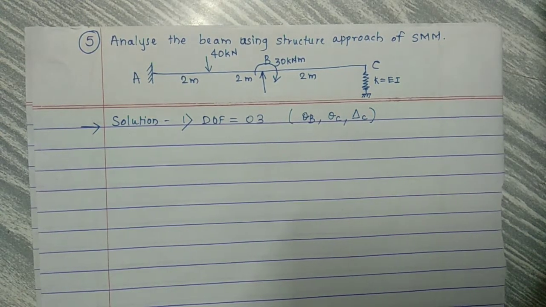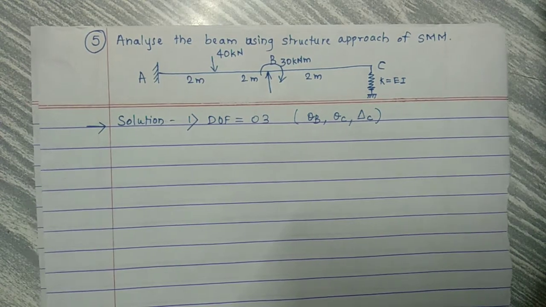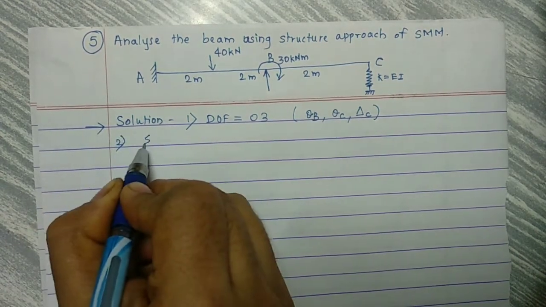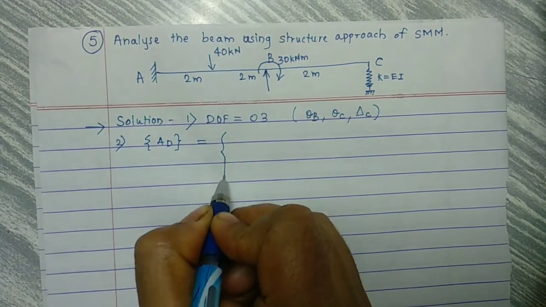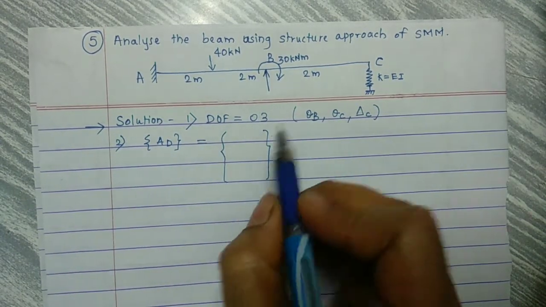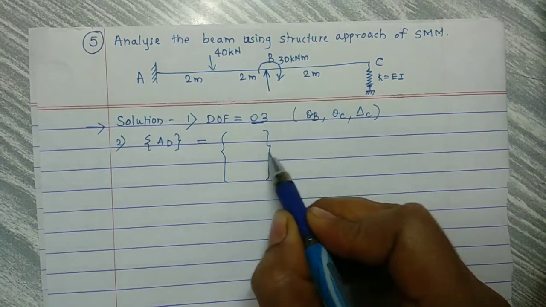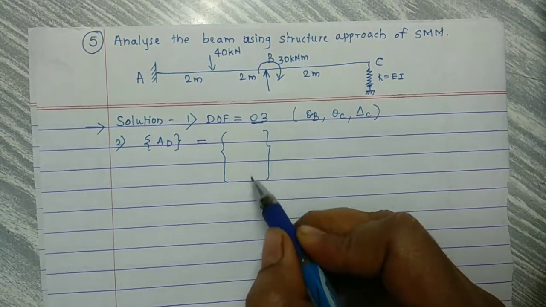Now according to the equation that we are using in the structure approach, let us calculate the matrices AD, ADL, K and D. In the second step, we will calculate the matrix AD. In this AD matrix there will be 3 elements, as the degree of freedom is 3, so in a column there will be 3 elements.